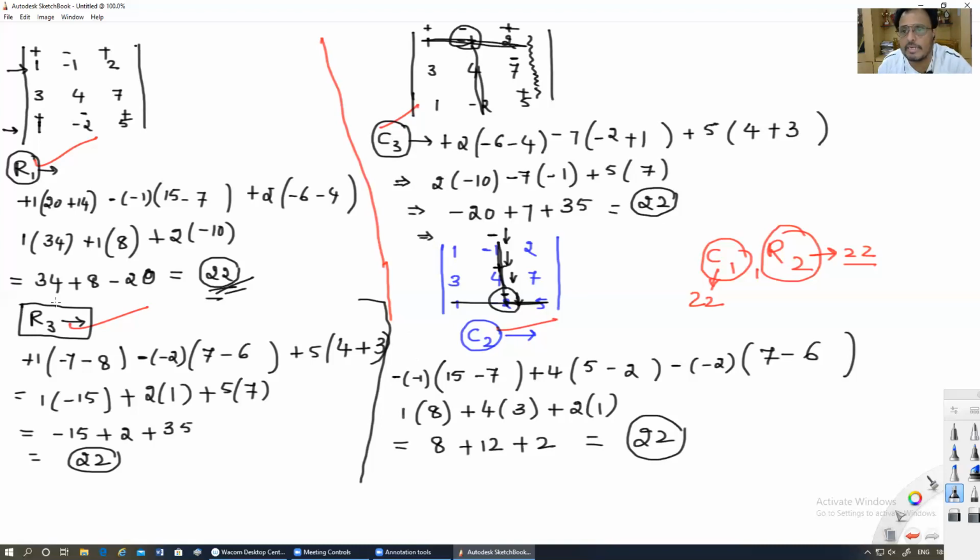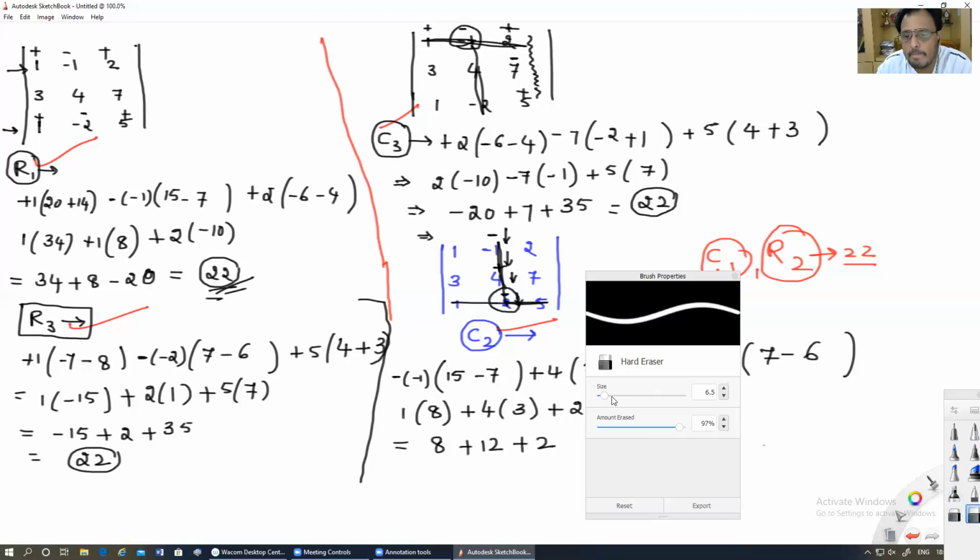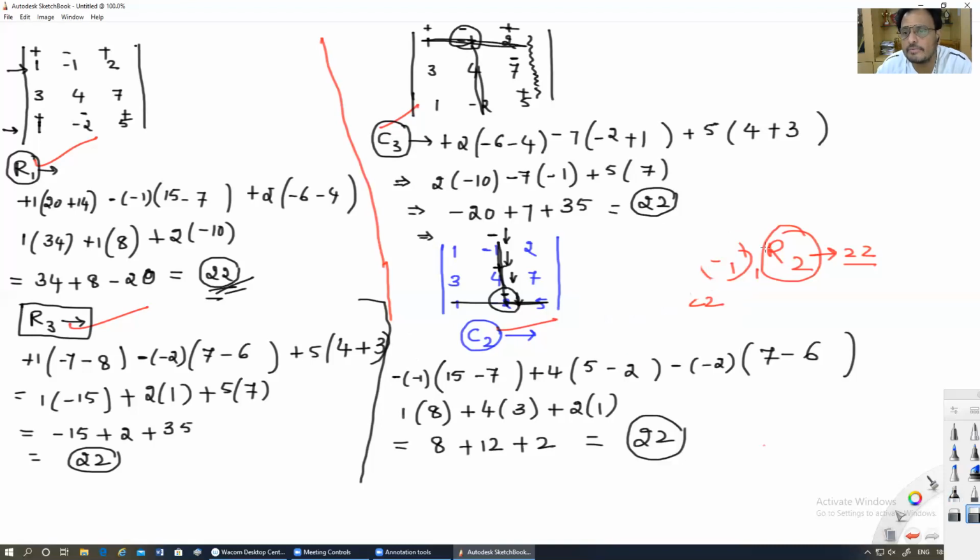I'll give one assignment also for you. So in this small assignment, directly a determinant I will give you. In the next coming class, here you see, now I'm going to give this one assignment here.